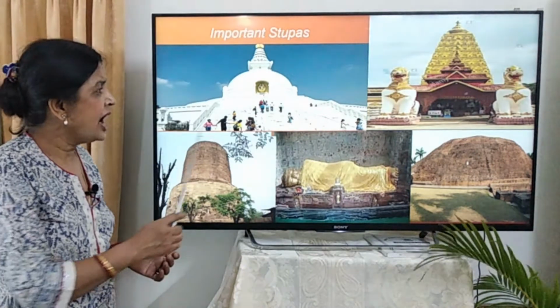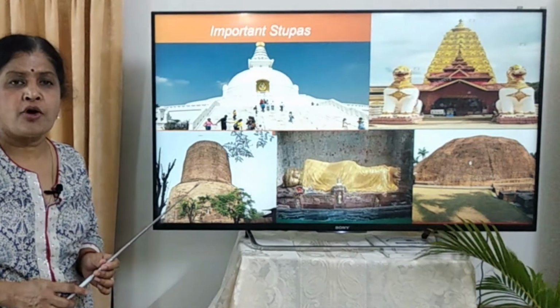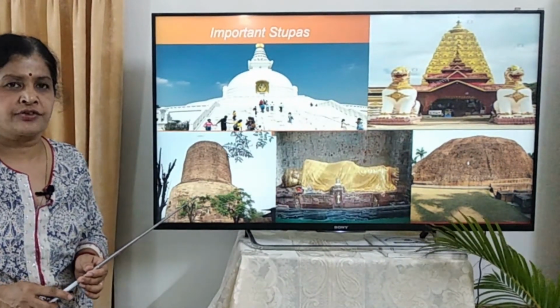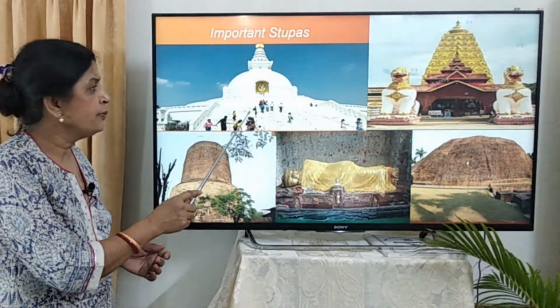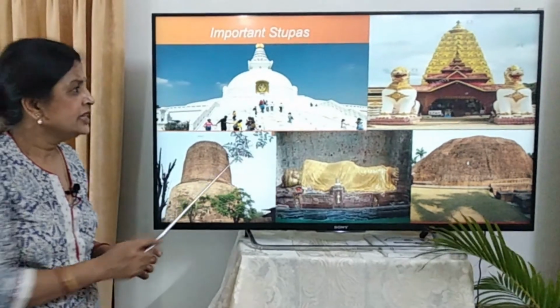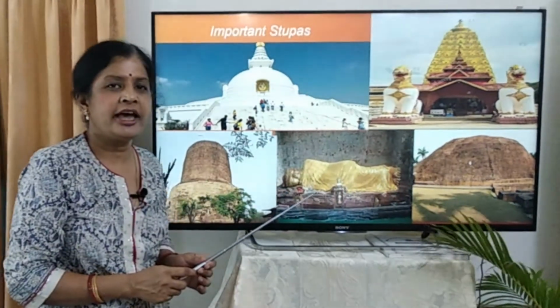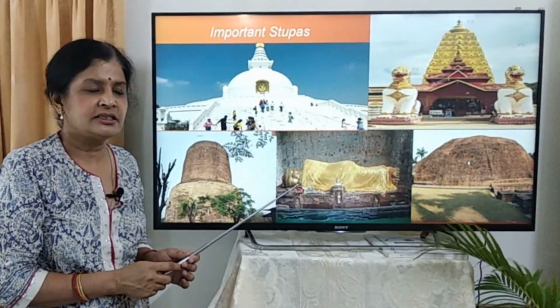Children, these are a few images of the important stupas which I have already described to you. This is the stupa at Lumbini where Buddha was born. This is a stupa at Bodh Gaya where he got enlightened.